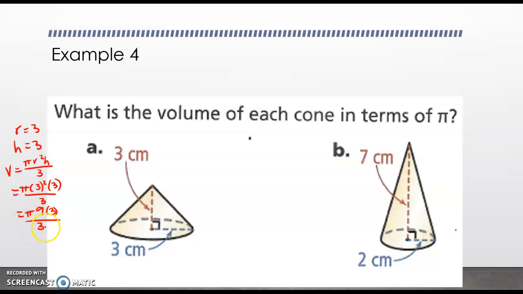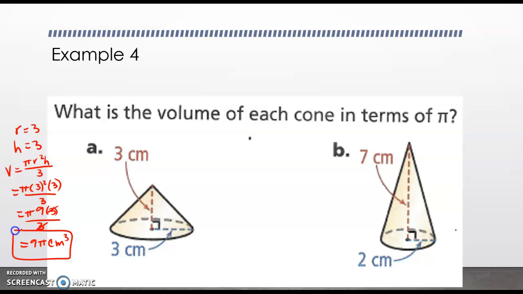At this point, I can do one of two things. I can keep multiplying, or I know that 3 divided by 3 becomes 1, and that's what I'm going to go with. So we are left with 9 pi centimeters cubed.